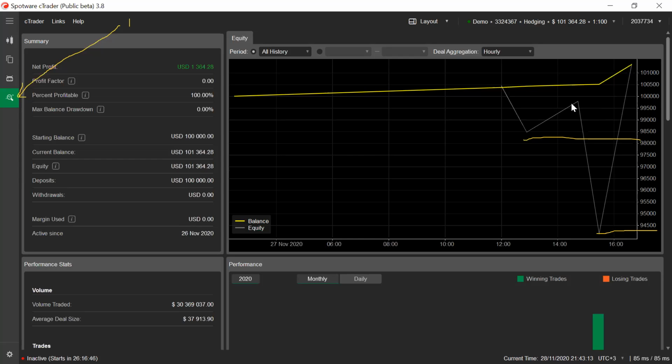Can you point the cursor at the very bottom of the drawdown? You see what it gives. I tried that actually. At the bottom part, it doesn't. Along the yellow line, it does. Remember, this is live trading.